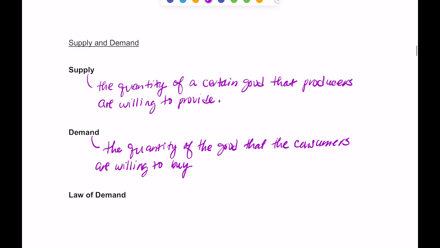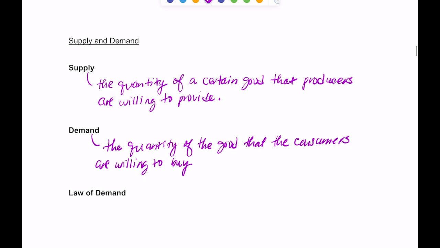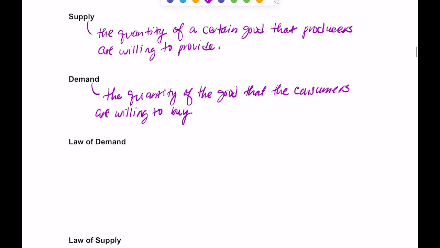Demand has to do with the consumers and what they're willing to buy. So what is the law of demand? Generally, it says as the cost of something increases, the demand is going to decrease, right? The more expensive things become, the less consumers are willing to pay that price. So as the price of an item increases, consumers are less likely to buy it, so the demand of the item will decrease.